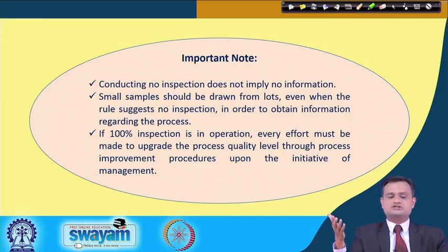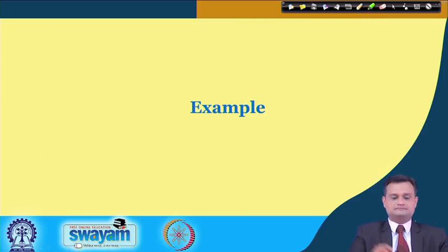If 100% inspection is in operation, every effort must be made to upgrade the process quality level through process improvement, so that you can get rid of so much of the cost of inspection.